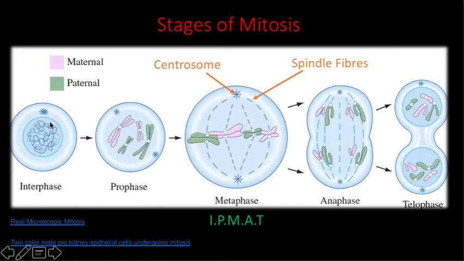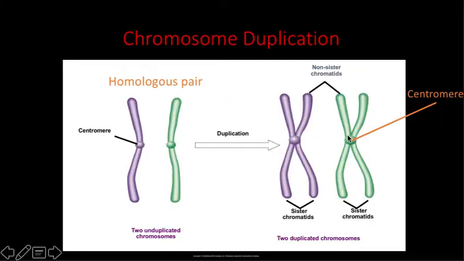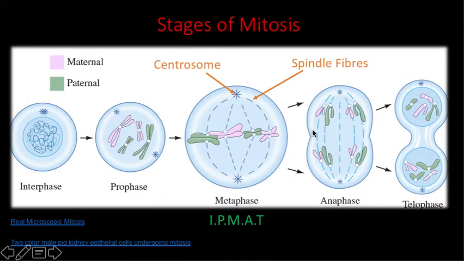So multiplication occurs, the chromosomes condense, and during metaphase, the chromosomes will line up along the equator, like so, and these structures called spindle fibers will come out from the centrosome and connect to the centromere of the chromosome. So those spindle fibers connect to this structure here, and the spindle fibers will begin to pull apart the chromosomes.